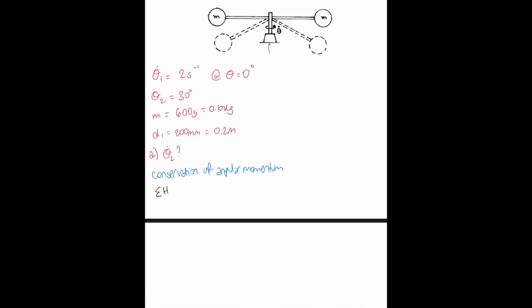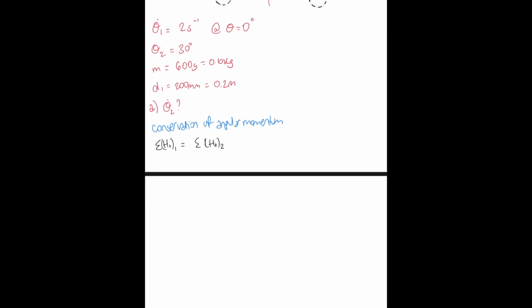For part A, we want to find the angular velocity after the masses are lowered. To do that, we're going to do conservation of angular momentum. So we know that our sum of moments at 1 is equal to our sum of moments at 2.